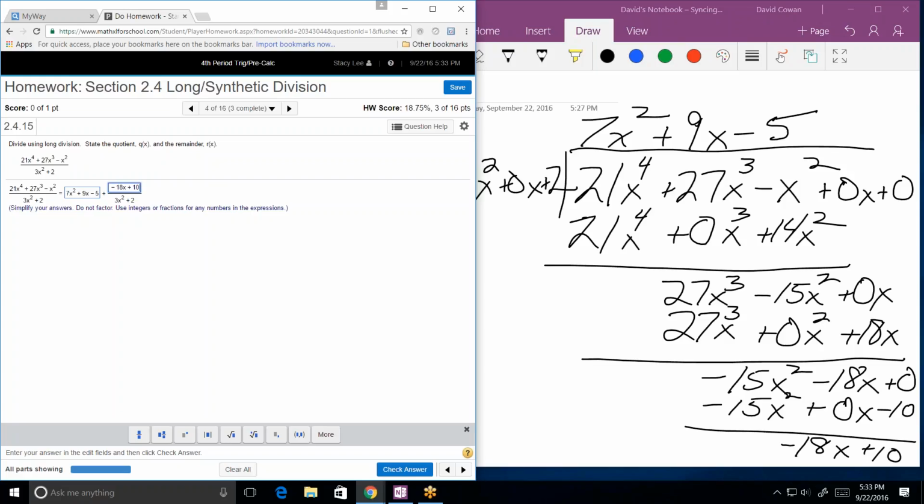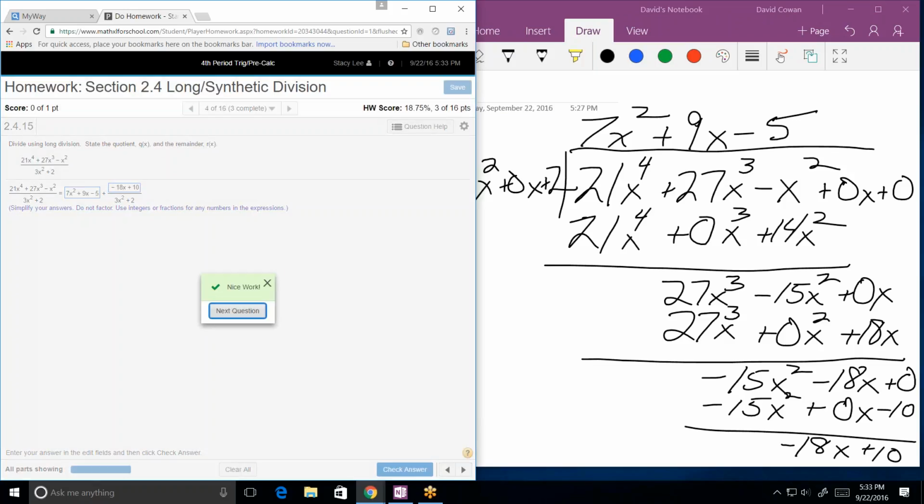All right, we ready to try that? Is this my first try on this one? Yeah. Is that what you got? Yes. All right. Negative 18x plus 10. Let's try it. Good work.